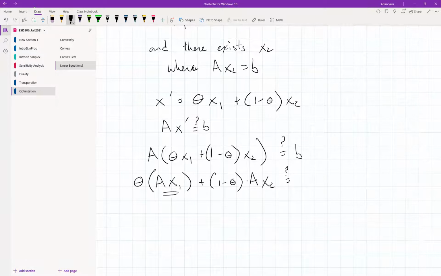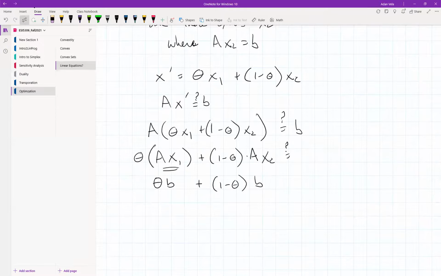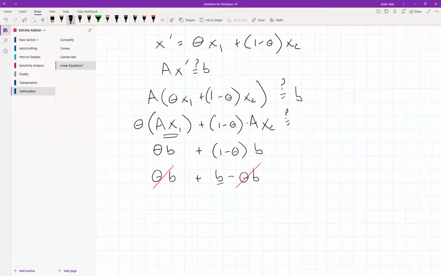Now we already know that A times x1 is equal to b, and A times x2 is also equal to b. So we have theta times b plus 1 minus theta times b. Multiplying this out, we get theta b plus b minus theta b, and of course we get this cancellation, and we're left with just b.